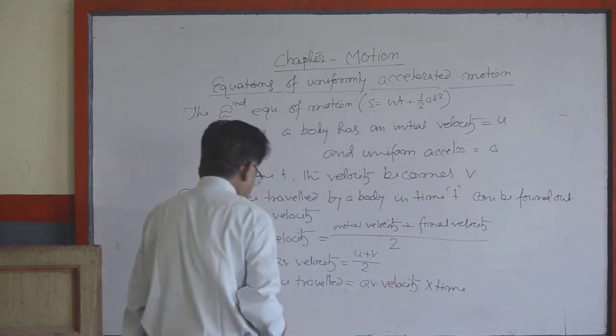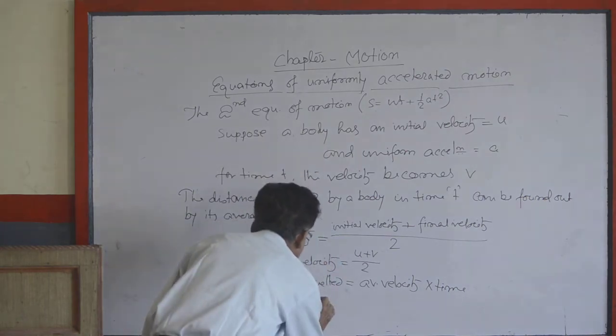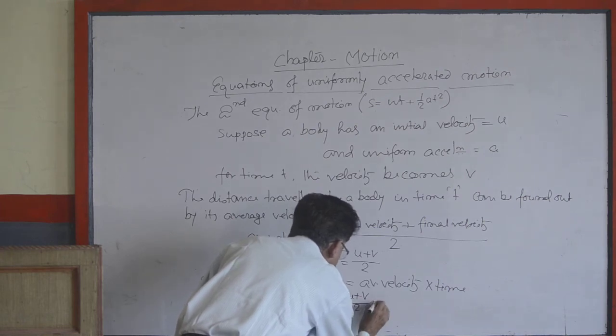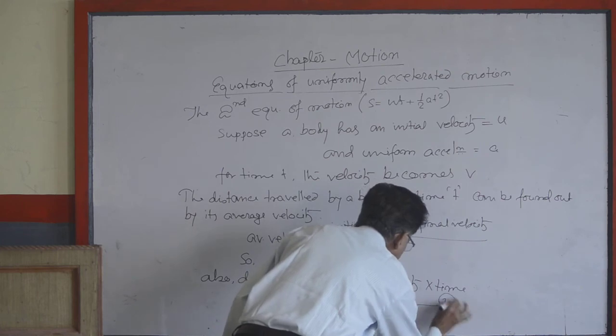That means s equal to u plus v by 2 into t. This is equation number 1.